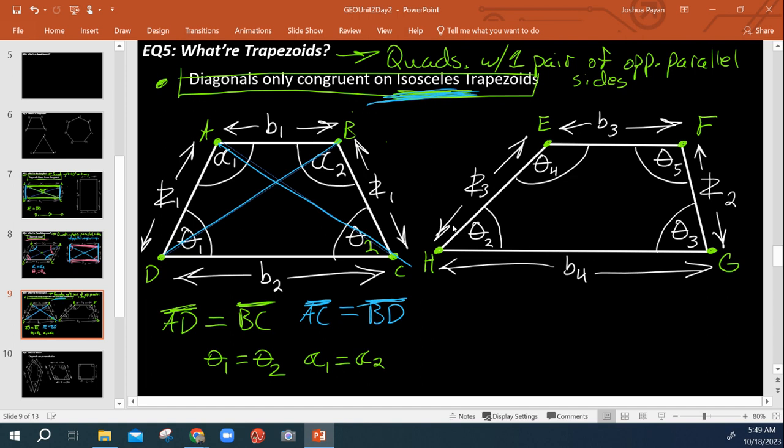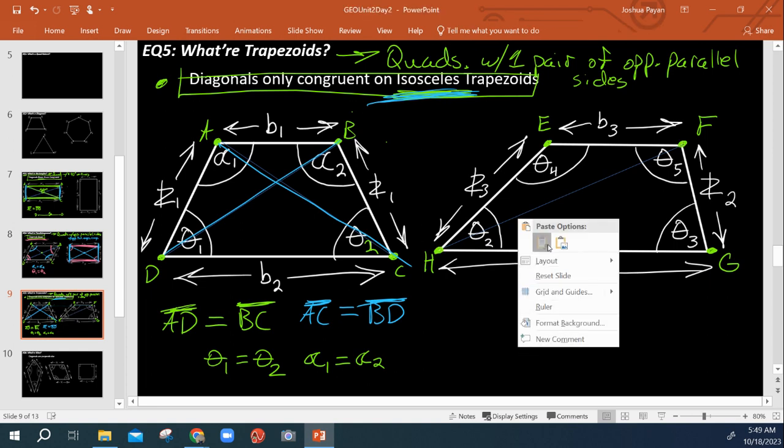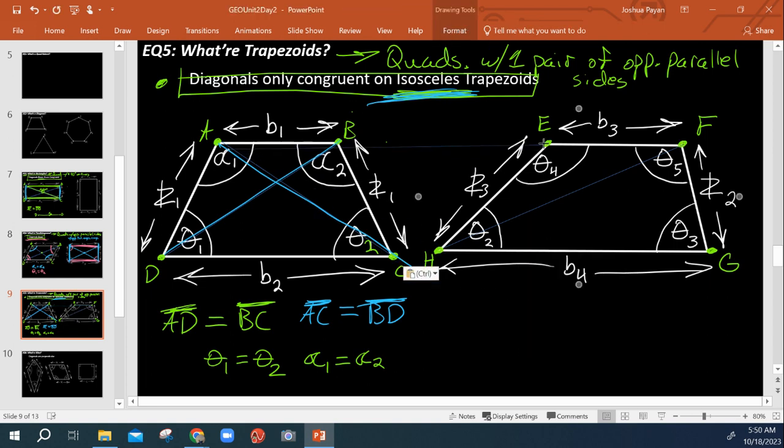Okay, if I do this same deal over here, if only my right clicker would work, I guess it's not. If I do the same thing over here, right, if I connect vertex F to vertex H to form a diagonal, and I do it again and connect vertex E to vertex G, form another diagonal.